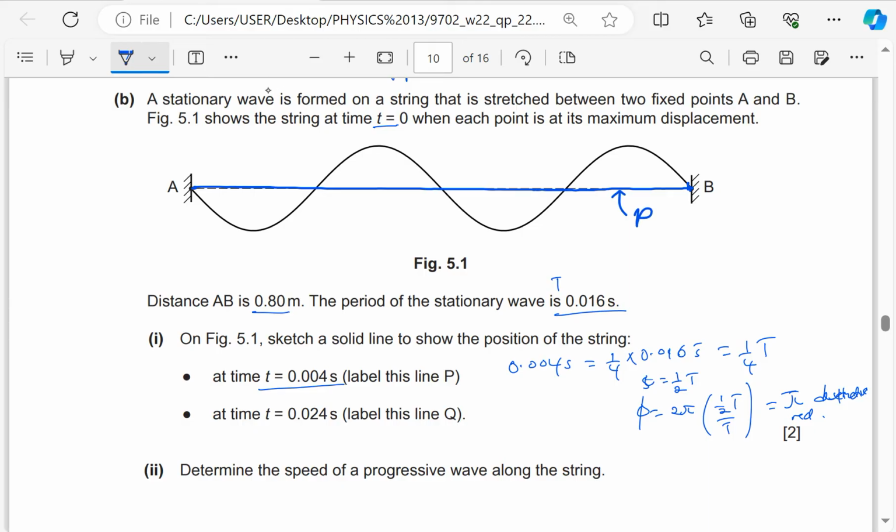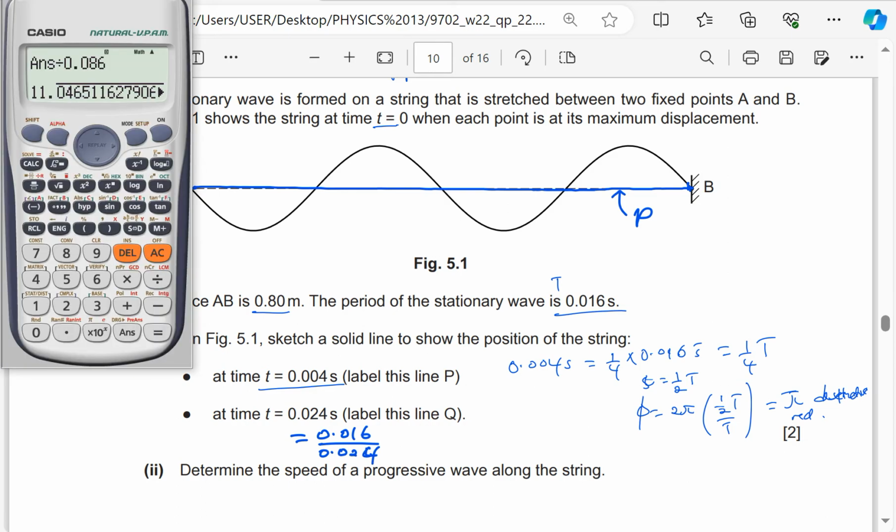Then at time t equals 0.02 seconds. So I have to check 0.02 seconds. What is this? So t equals 0.024 seconds.